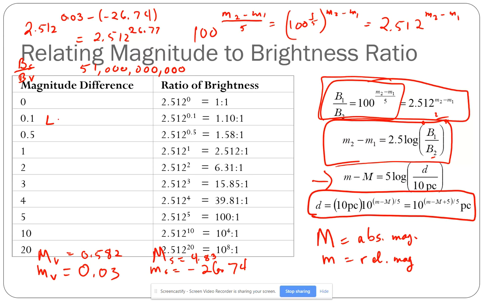Now I'll put the luminosity of the sun, divide that by the luminosity of Vega, is equal to 2.512 raised to the minus, and that would be 4.2.